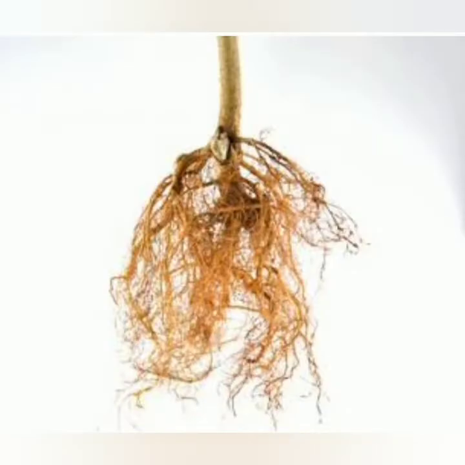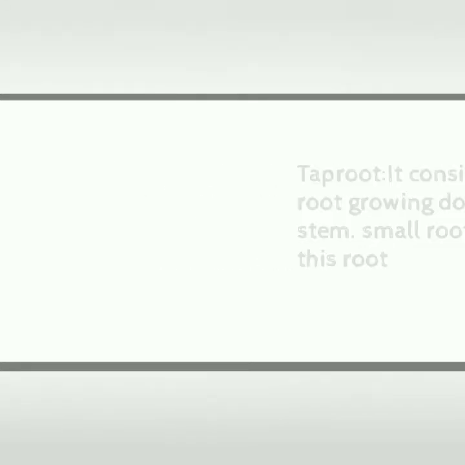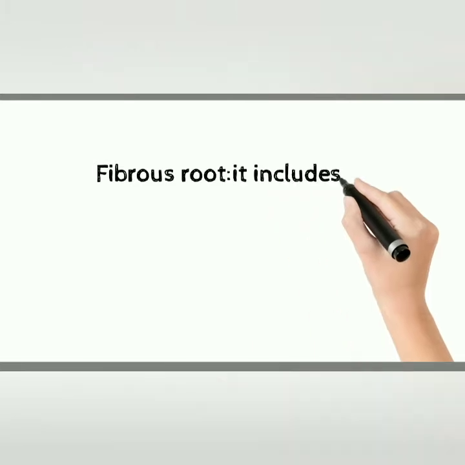Next, we will check the fibrous root. Here in this picture, we can find several roots are growing from the base of the stem, isn't it? And all the roots are similar and the roots are very thin. So this is known as fibrous root system. The fibrous root system includes a cluster of similar roots growing from the base of the stem.